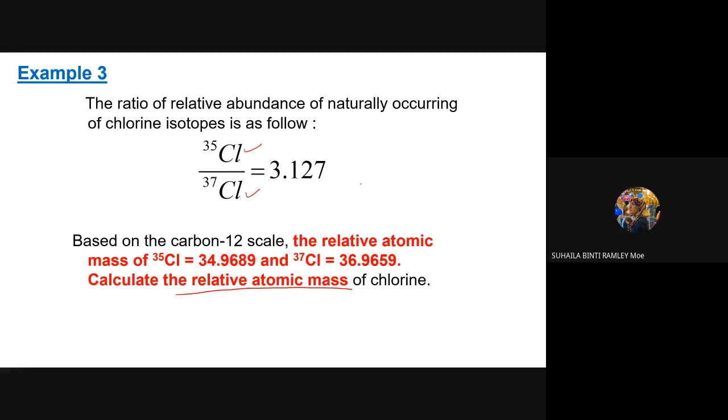Two steps. First step, we calculate the average atomic mass. The formula is sum of KiMi over sum of Ki.